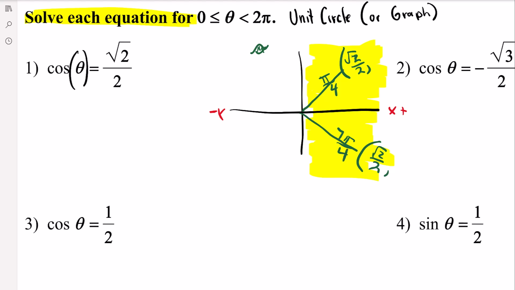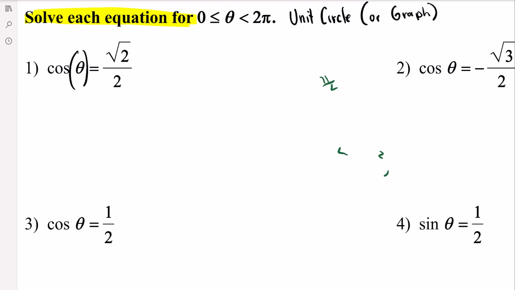That's 7 pi fourths. All right, so I wanted you to understand graphically what the cosine graph is doing if you're looking at the unit circle. And now I'm going to show you algebraically what you need to do. What we want to do is get that theta by itself. So when we were solving triangles and we wanted to find the measure of an angle, we did this.